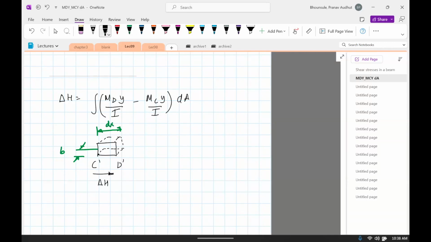So what we can do is we can write delta H is, it's basically a force. It's going to be the shear stress, because the shear stress is something which is going to resist shearing. C prime D prime is actually shearing of the beam when the stresses are large enough, times the cross section area, but the cross section area is the area of this face. So that face is b times dx.